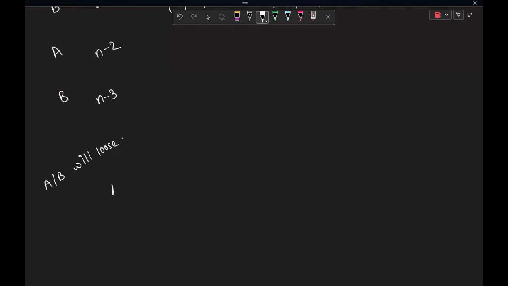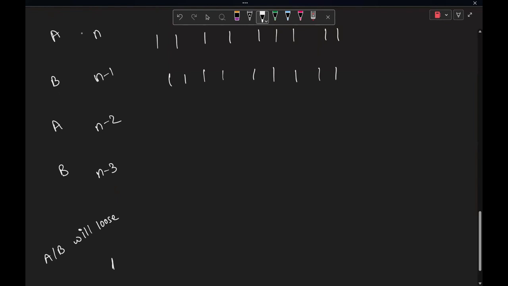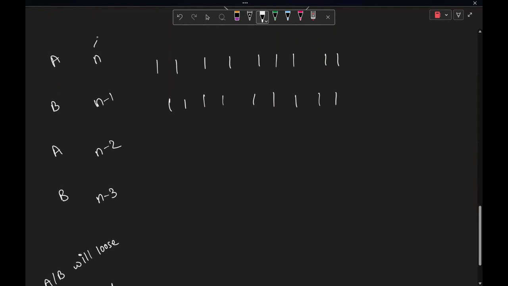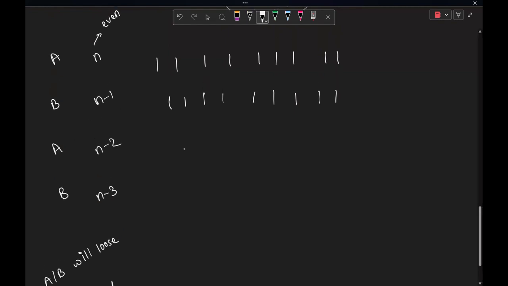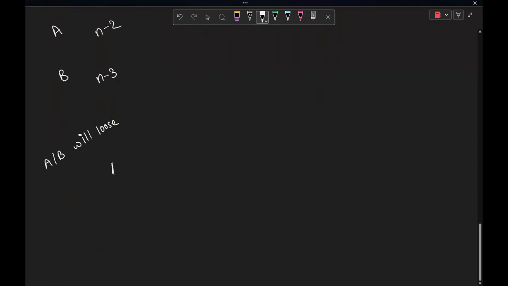And this is fairly simple to compute. If n was initially even, then whenever Alice's turn comes, the length would be either n, or n minus 2, or n minus 4, or something. Basically, it would always be even for Alice, and for Bob it would always be odd.